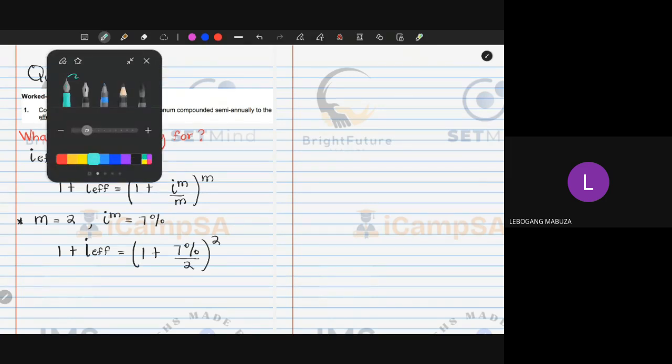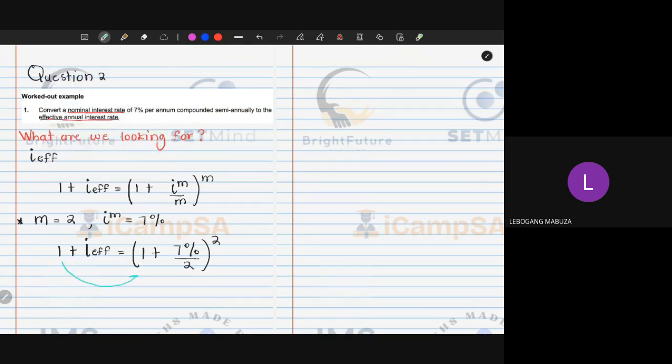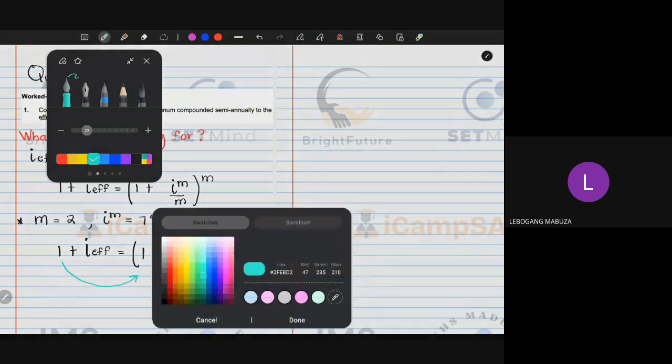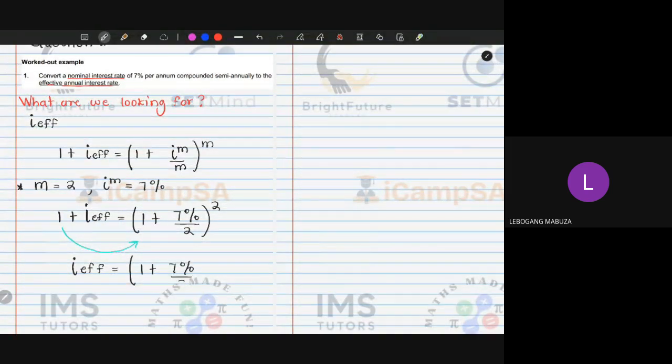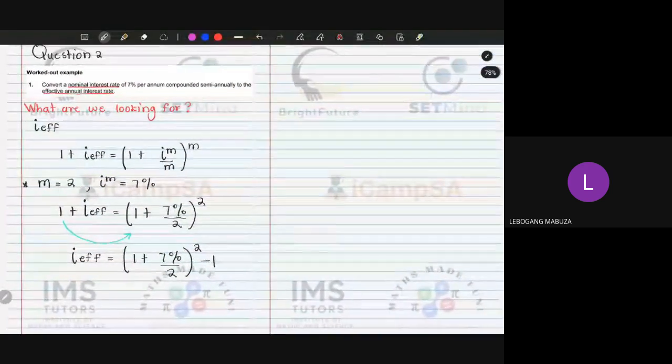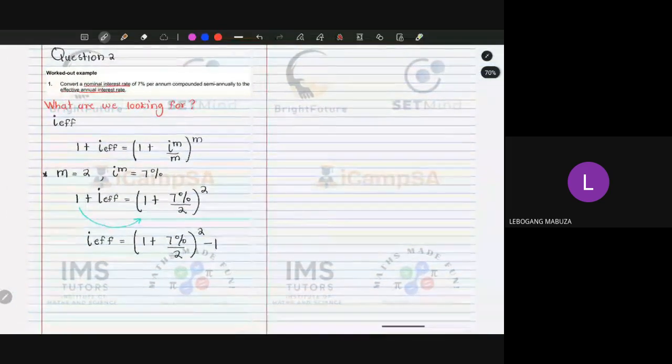Remember, we are looking for I_EFF. So I_EFF will be 1 plus 7% divided by 2, all to the power of 2, minus 1. What is the answer which you are getting, guys?